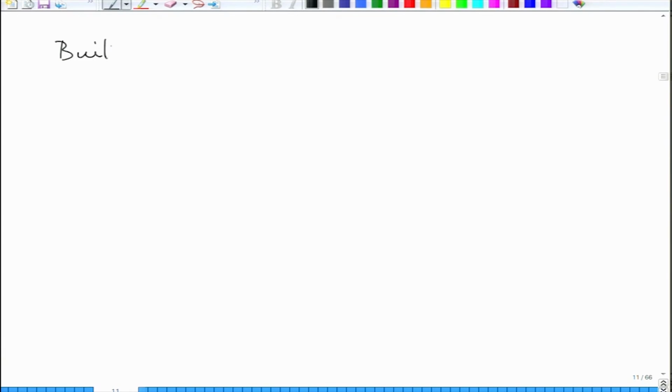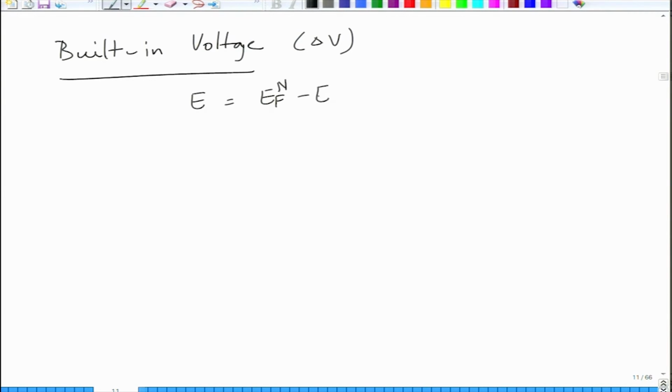So from this one can determine the built-in voltage, basically the delta V at the barrier. We said that delta E is equal to EFN minus EFP, and this is equal to qVbi.